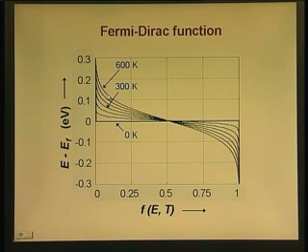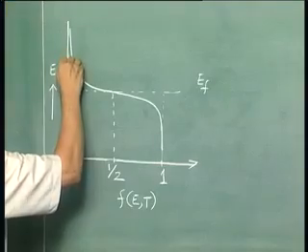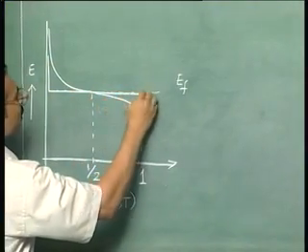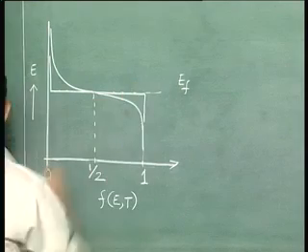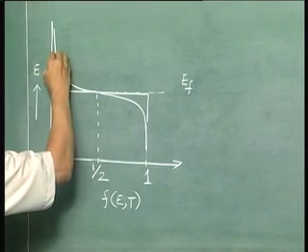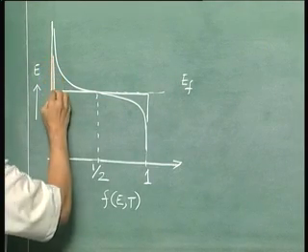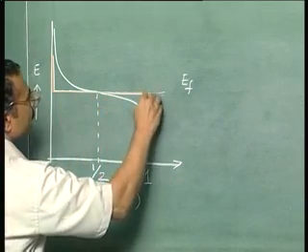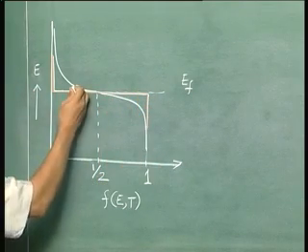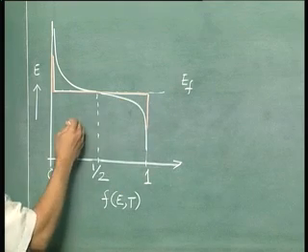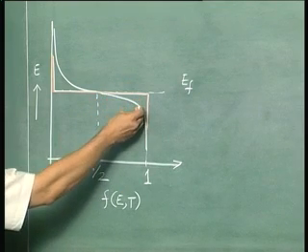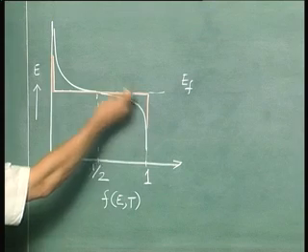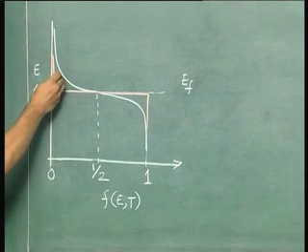Now, what does this kind of shape indicate? It is very simple. What it means is, if I were to plot for t equal to 0 K, and compare, all that this function says is that electrons from lower energies are moving to higher energies as you increase the temperature.